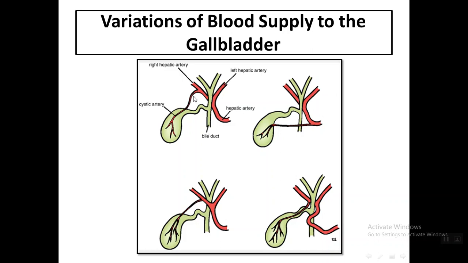For example, the cystic artery might come directly from the hepatic artery proper, with certain different variations. This should be observed during the operation of cholecystectomy regarding the blood supply of the gallbladder.